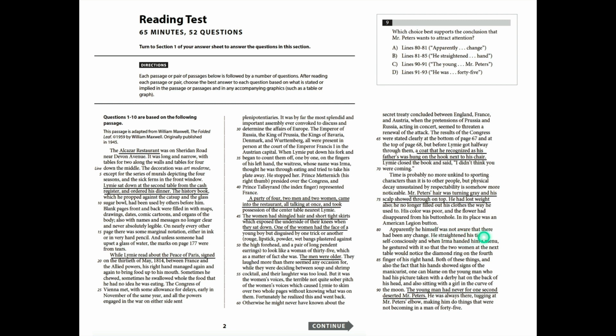He straightened his tie self-consciously, and when Irma handed him a menu, he gestured with it so that the two women at the next table would notice a diamond ring on the fourth finger of his right hand. Okay? And that is a behavior or an action of Mr. Peters wanting to attract attention.